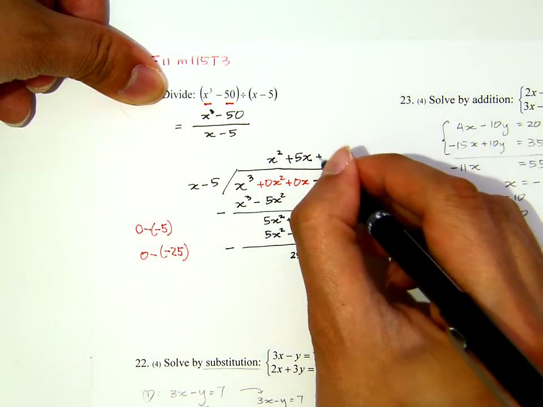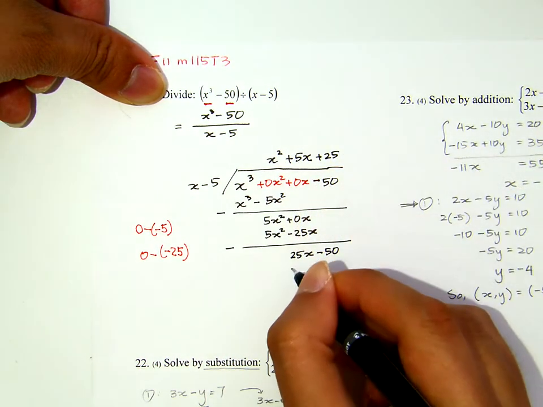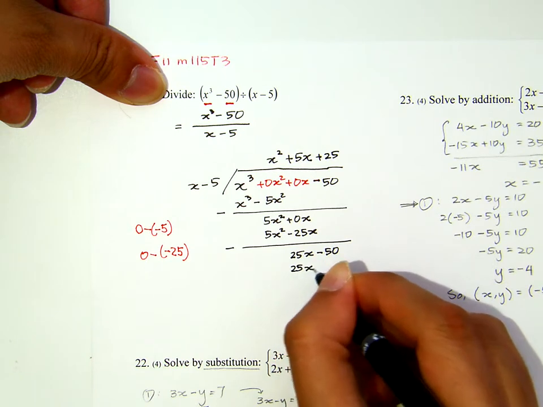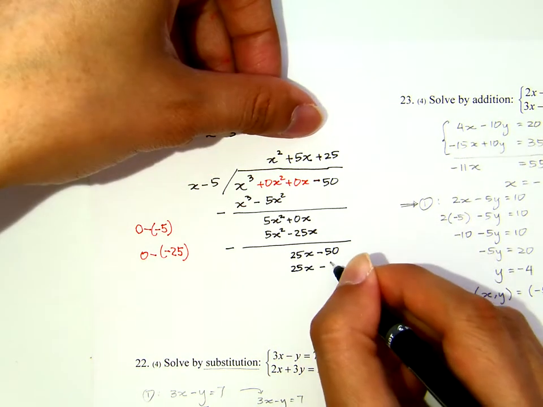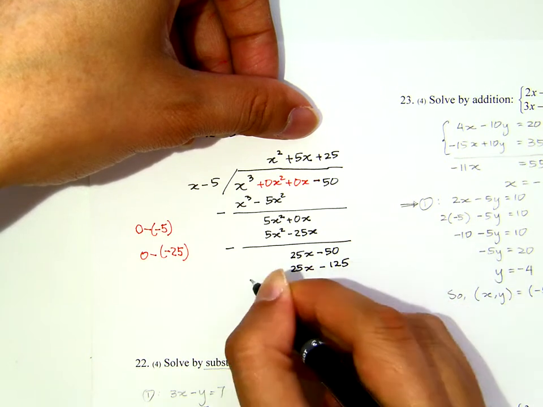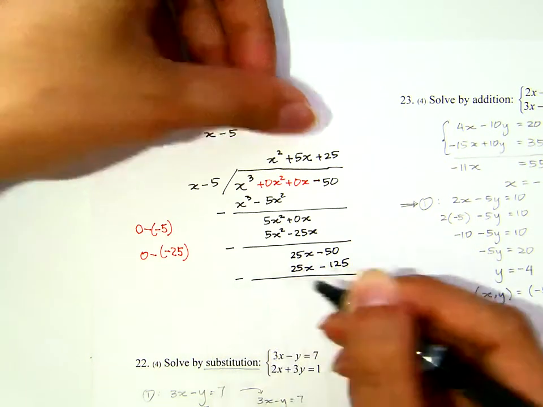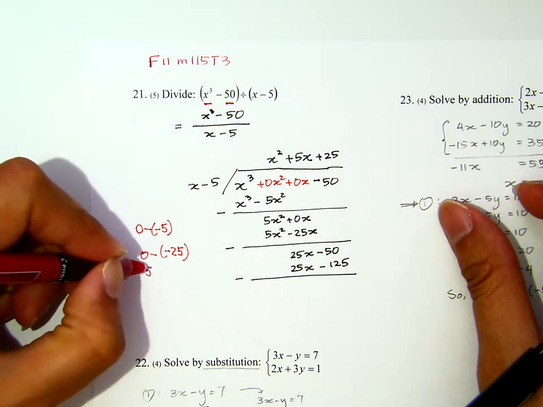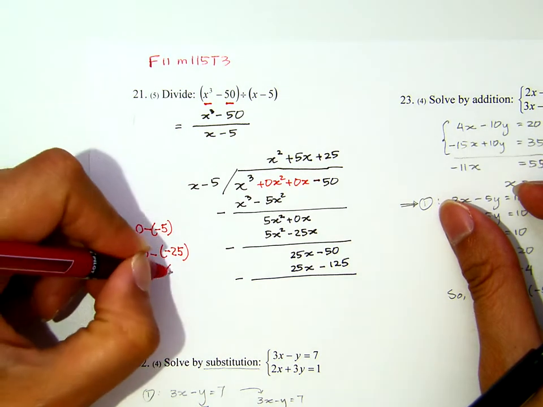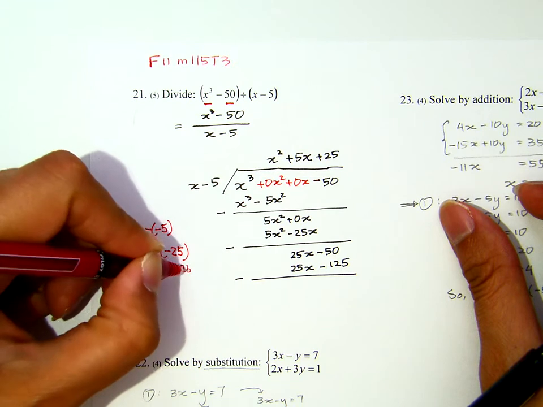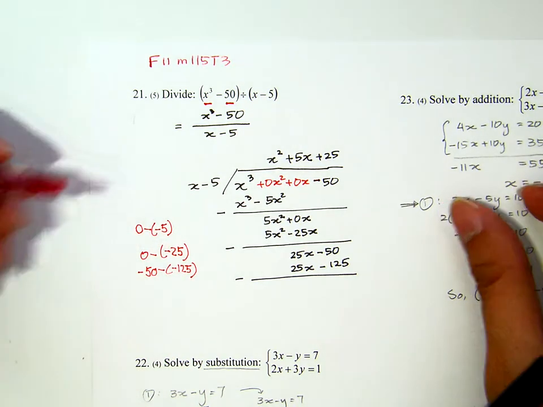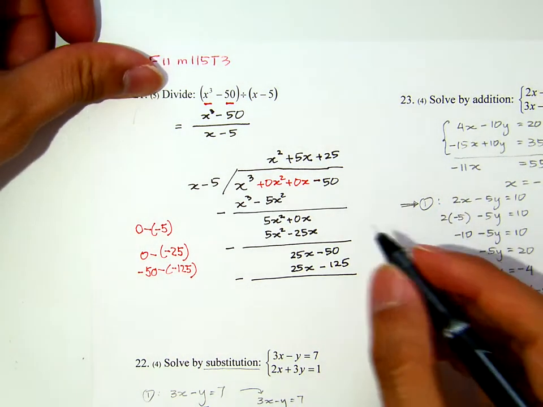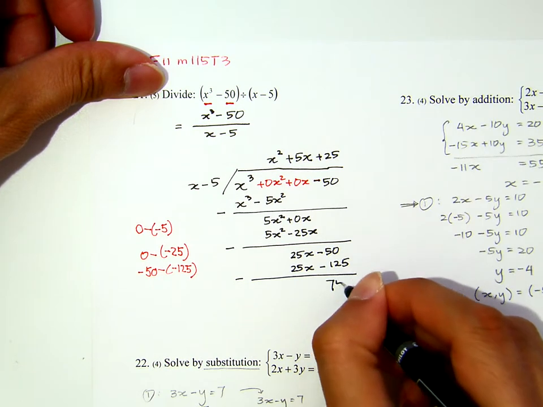Oh, that's 25. This is 25x minus 125, which if I subtract, let me do it again, negative 50 minus negative 125. Okay, I hope you can see that's actually positive 75.